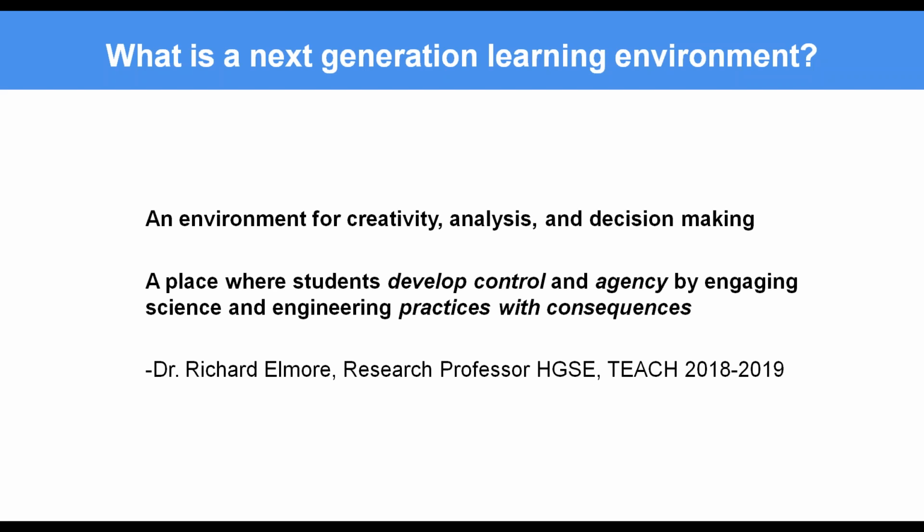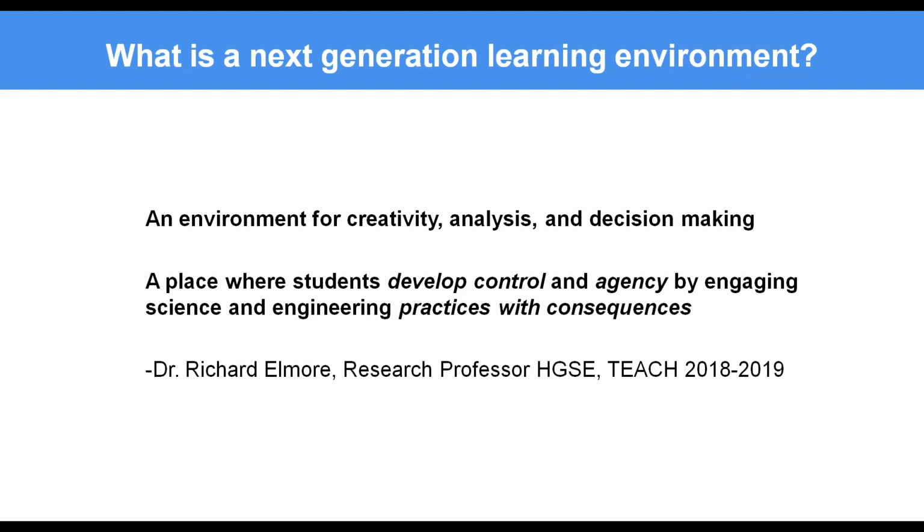And the reason I bring it up is that sort of from that neuroscience standpoint, if as teachers we need to create an environment for creativity, analysis, and decision-making, how do our questions play a role? How do we ask better questions, questions that really require creativity, analysis, and decision-making?